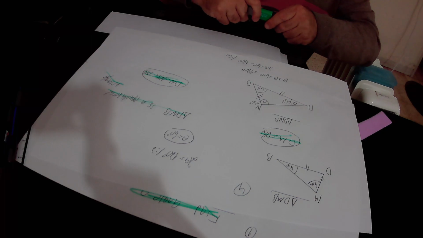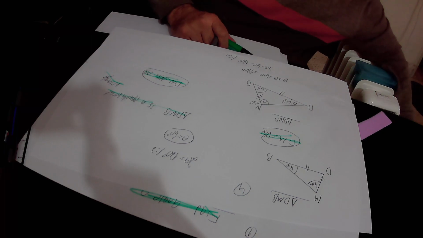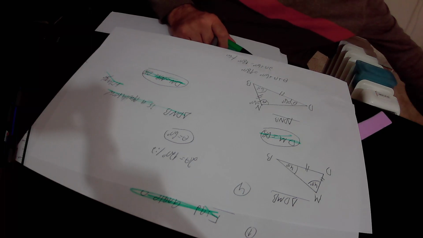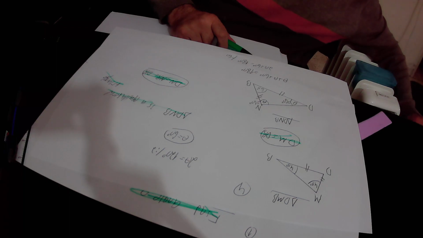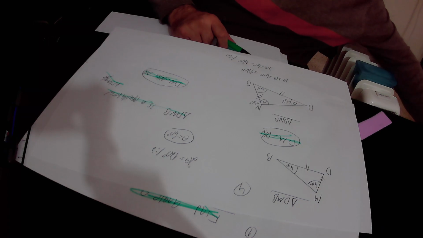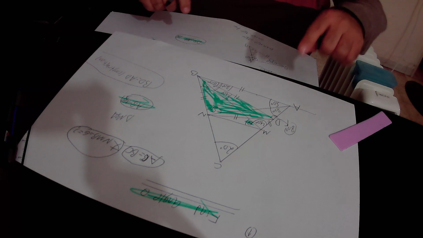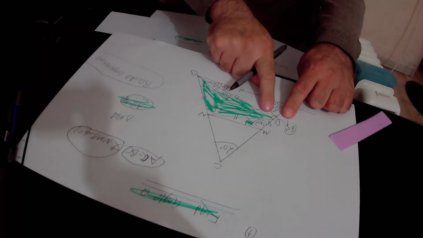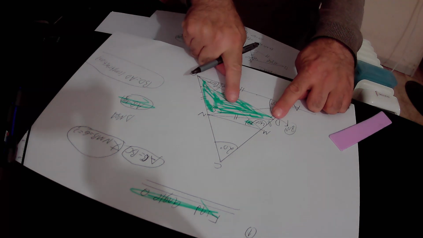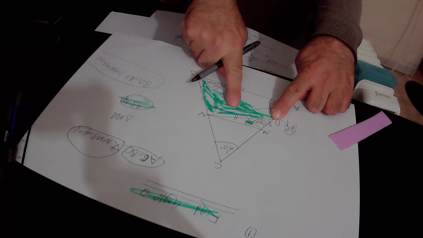And we have already found out that DM equals NB. Those two sides are equal to each other.